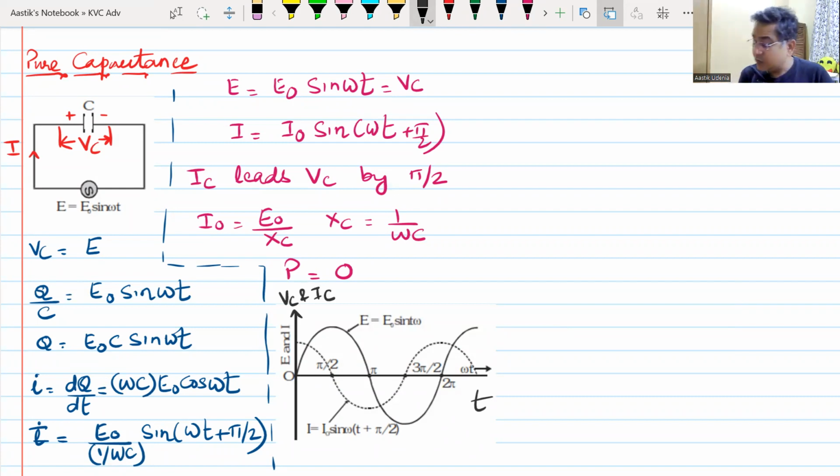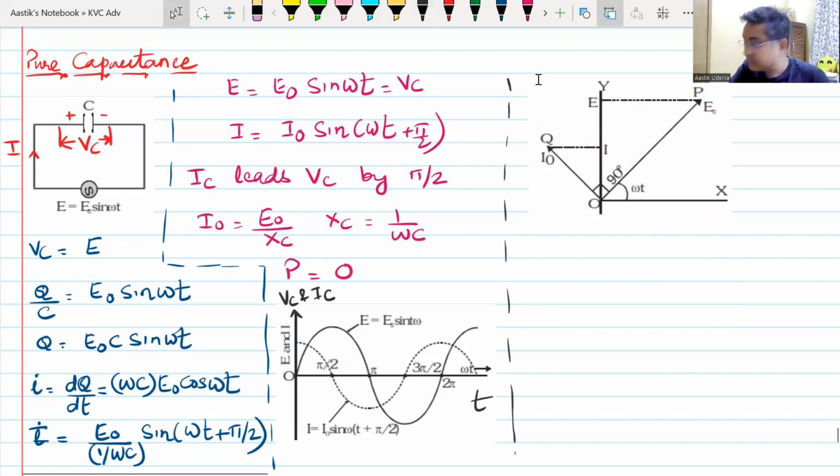Do you see this? Who is ahead and who is lagging? You can see current is ahead and voltage across the capacitor is lagging. Do we understand this? We understood. Everyone understands this.